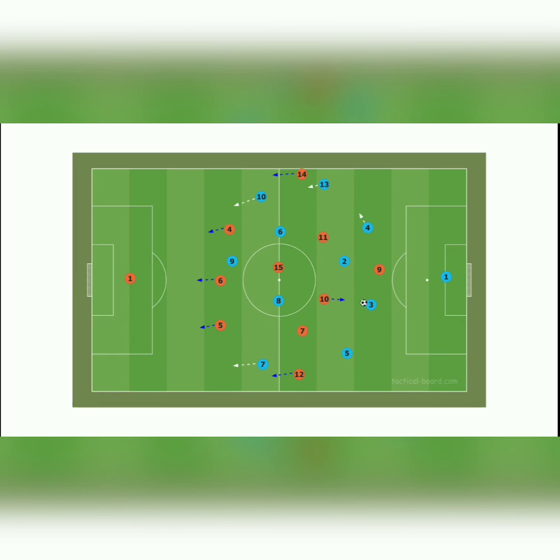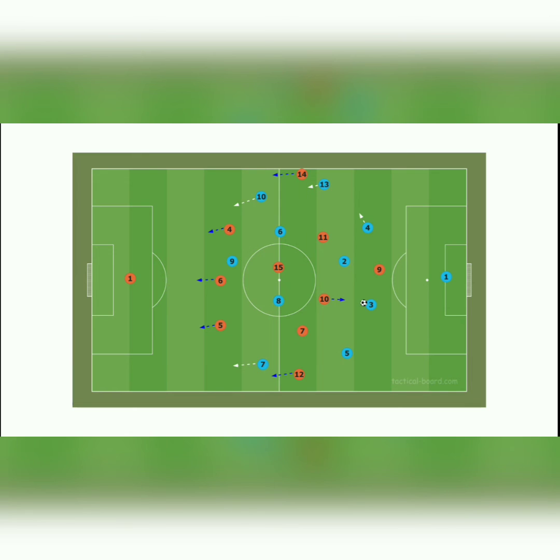This time, team blue are now in offensive transition, while team orange are now in defensive transition. You can see that team blue are trying to build up quickly from the back. The number 2 has dropped deeper.